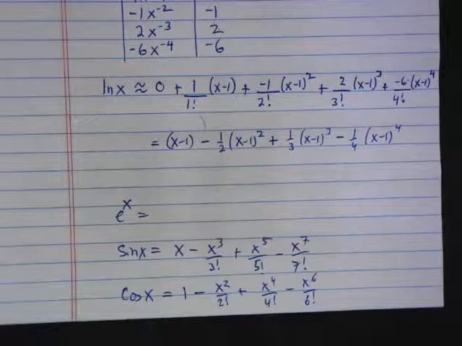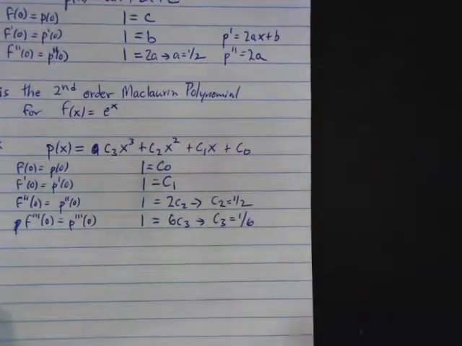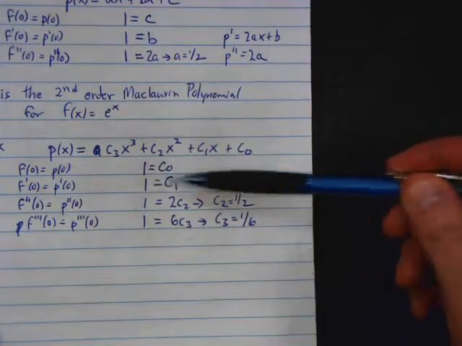And how about e to the x? We kind of did that one, didn't we? With e to the x, they were all positive, weren't they? 1, 1, 1/2, 1/6.